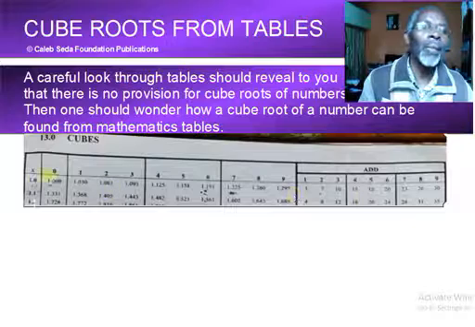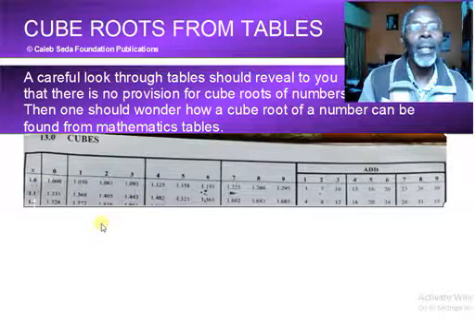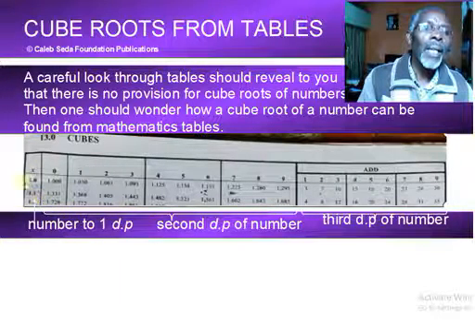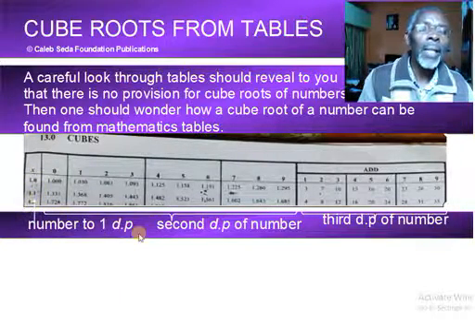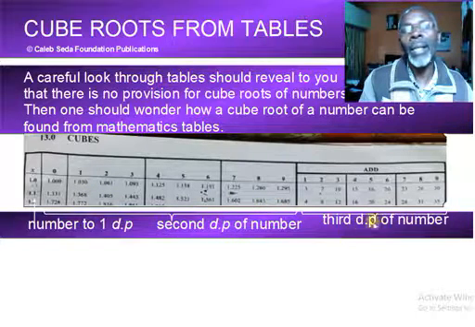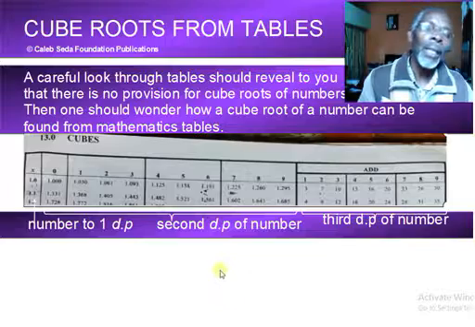Then we have 4 significant figures, right? Good. So we have said that this is the number part to 1 decimal place, then the second part is to the second decimal place, and the third part to the third decimal place.